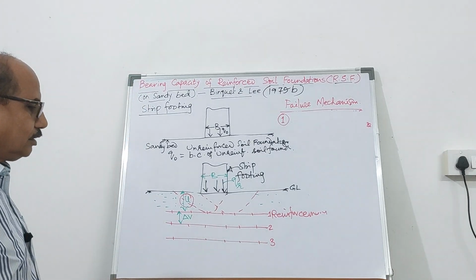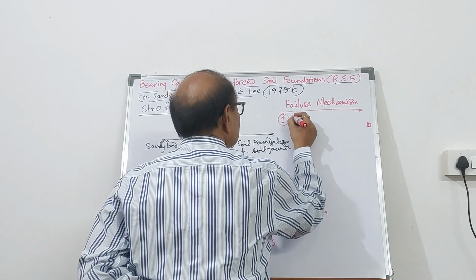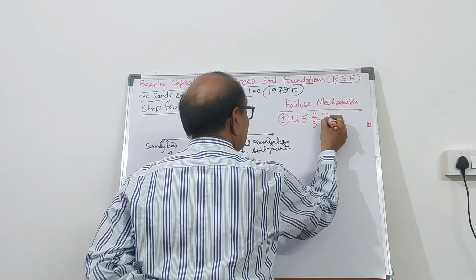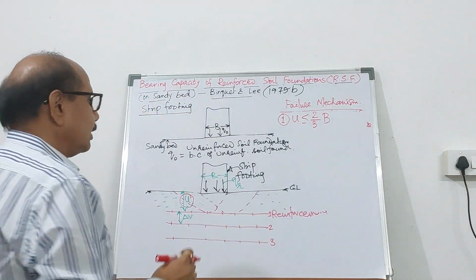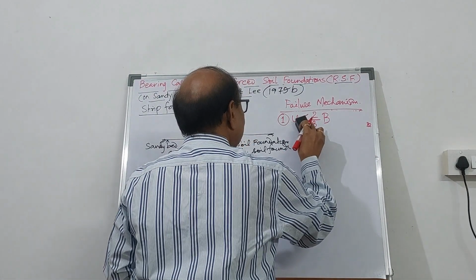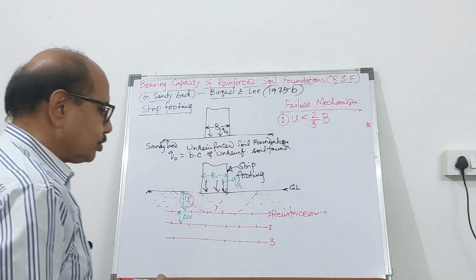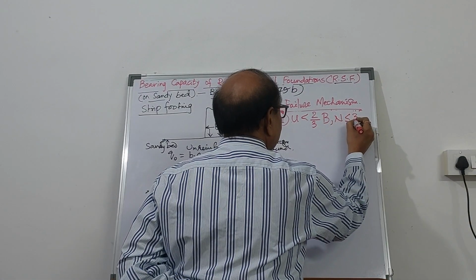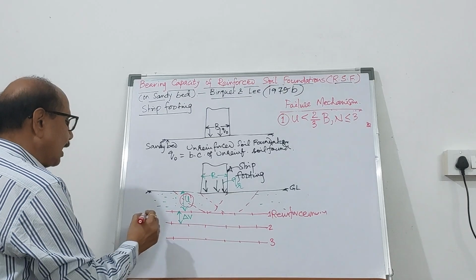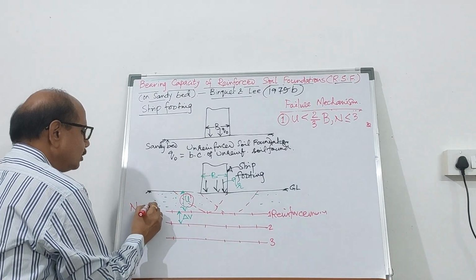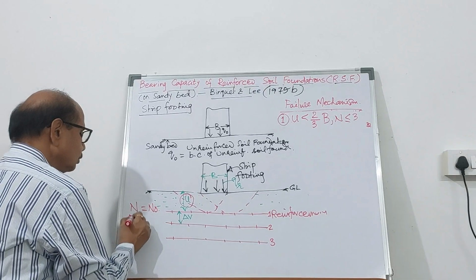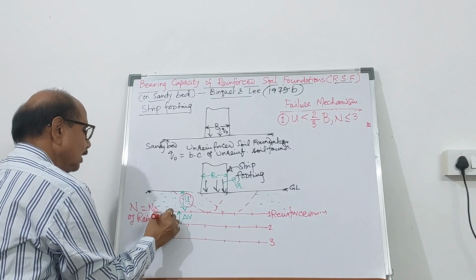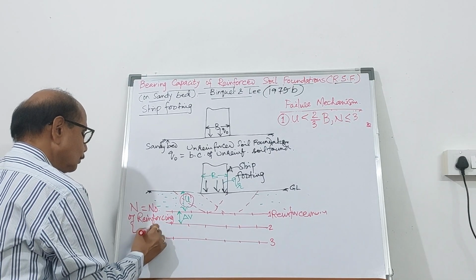So the next criterion was when U is less than 2/3 of B, and also the number of reinforcing layers, where capital N is the number of reinforcing layers, is less than or equal to 3.